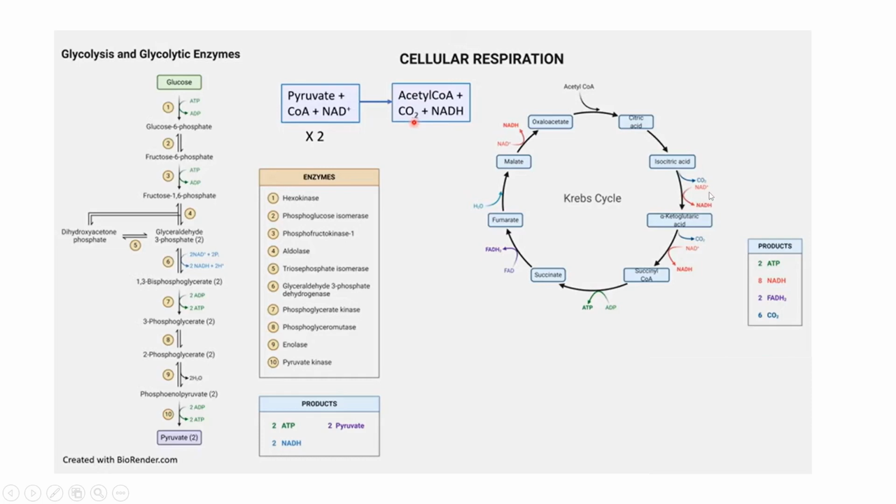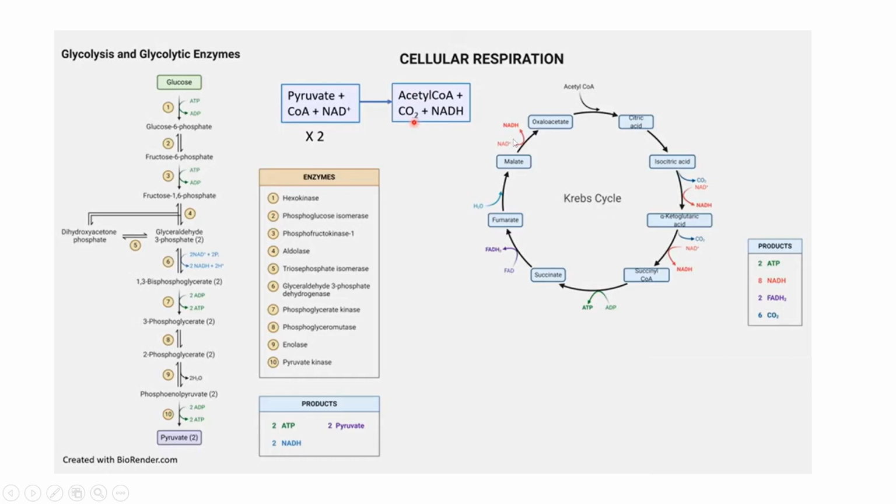So NAD plus is converted into NADH. Okay, it is reduced. And it also provides ATP molecule, it converts the ADP into ATP. Okay, so this NAD plus is converted into NADH, and also FAD is converted into FADH2. Okay, and it provides the energy.